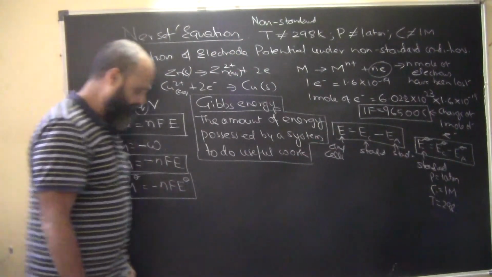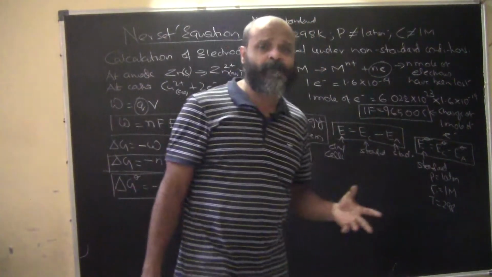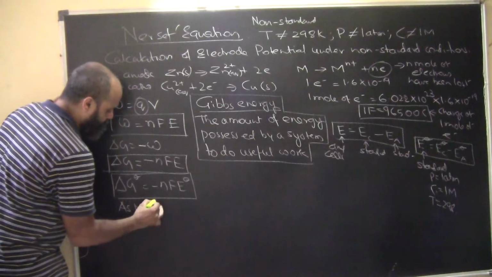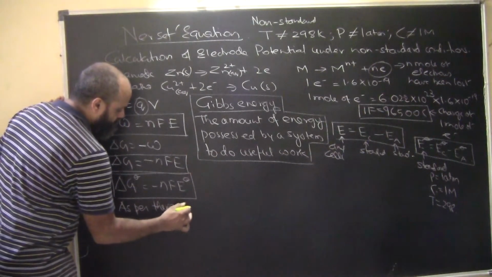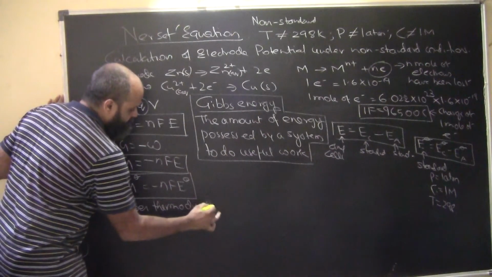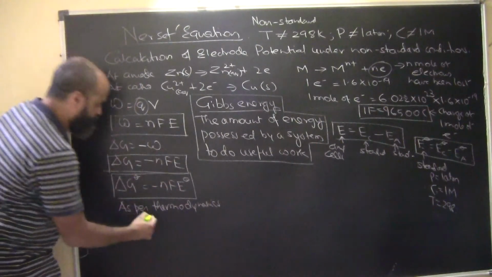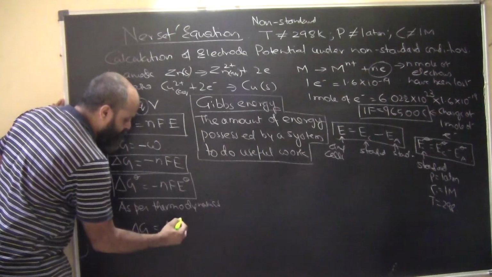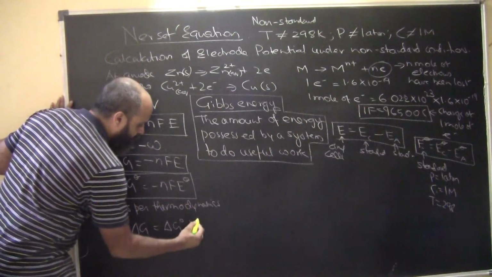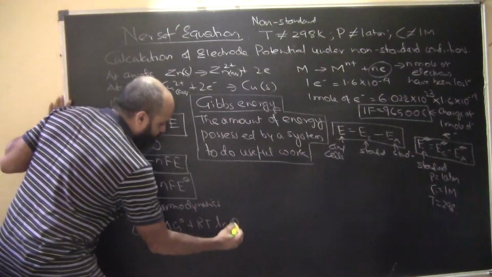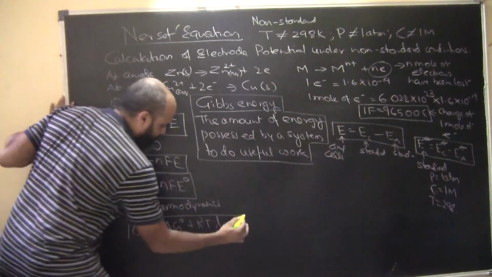Now we know as per thermodynamics that the Gibbs free energy change is equal to the standard Gibbs free energy change plus RT ln Q. This is a thermodynamical equation.